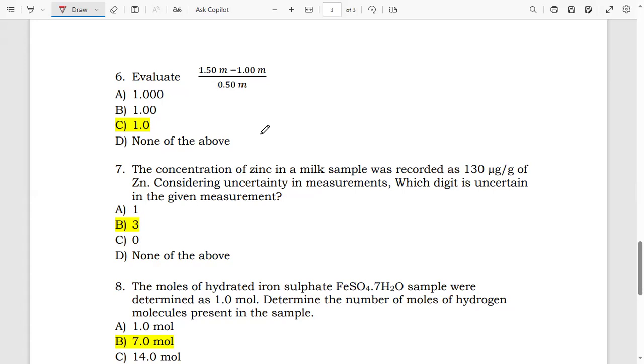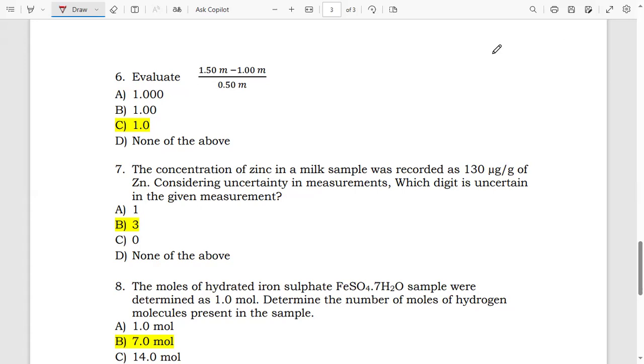Okay, so the rule is when you are adding, okay, when you're adding or when you're subtracting, okay, two numbers that have different number of significant figures, your final answer, okay, should have the same number of decimal places as the least number that has fewer decimal places.